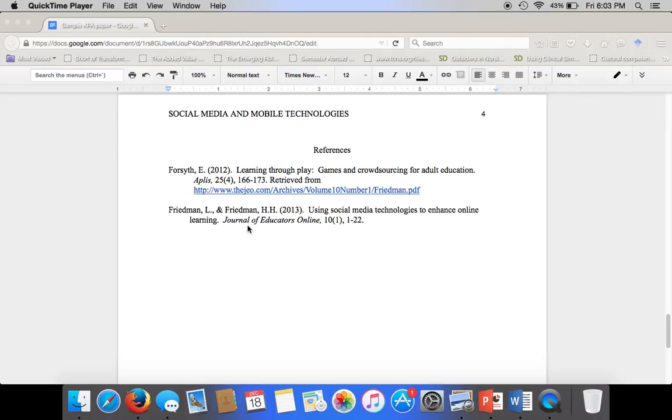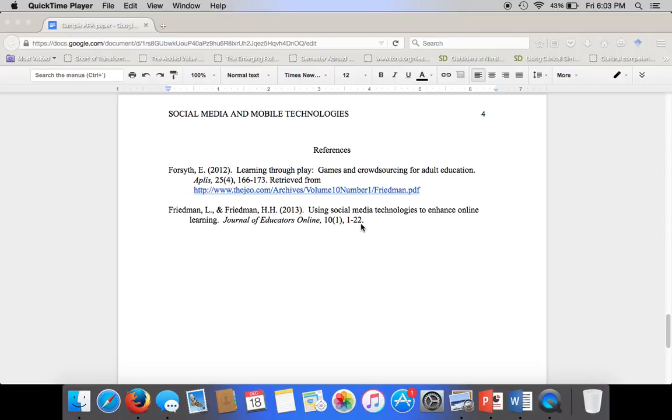And then immediately following the journal, you place a comma, and then the volume number is listed, and then in parentheses is the issue number. And not all references have both a volume and an issue number, but include whatever is given to you. Then a comma, and then you include the page numbers, and the whole reference is finished off with a period.